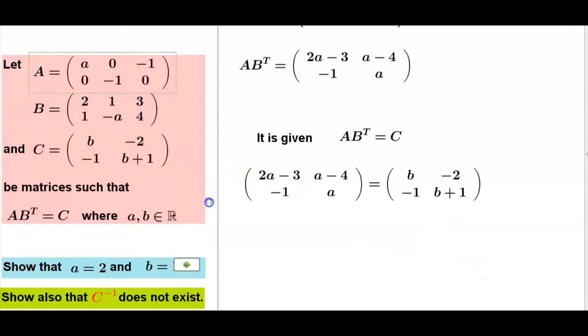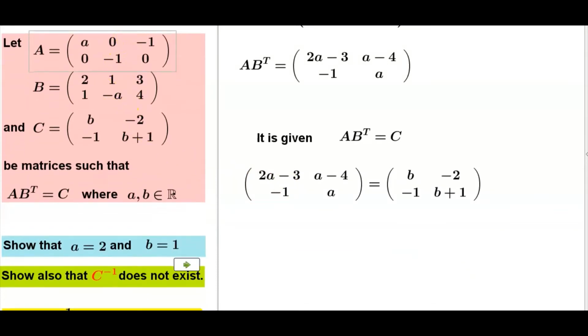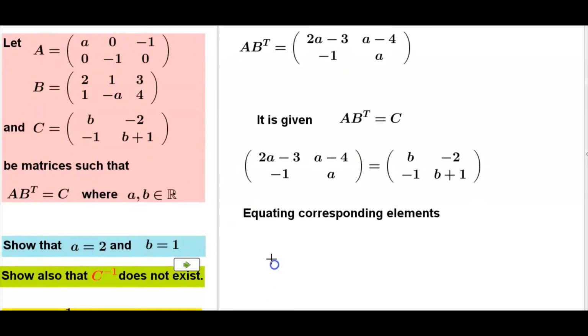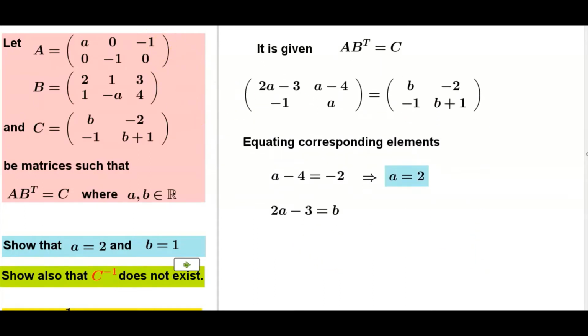These two matrices have equal corresponding elements. Equating corresponding elements, A minus 4 is equal to minus 2. Therefore, A is equal to 2. And 2A minus 3 is equal to B. Therefore, with A equal to 2, 2 into 2 is 4, 4 minus 3 is 1. Therefore, B is equal to 1.